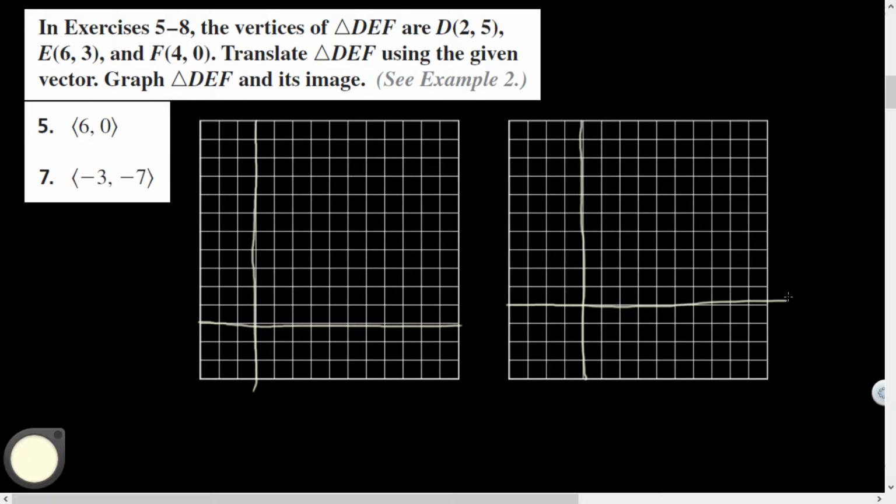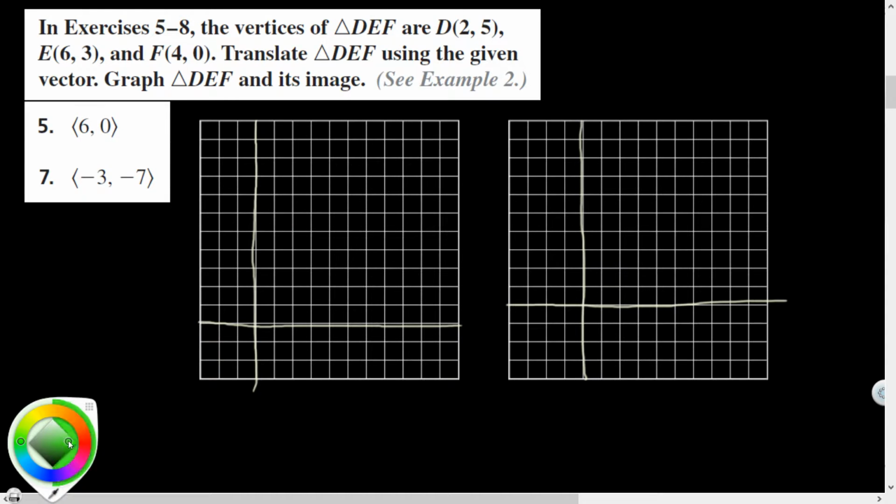So what I'm going to do is plot the original points, which is called the pre-image, and after the translation takes place, I'm given the image, like after everything was moved around. So here's the pre-image: over 2, up 5, right there.